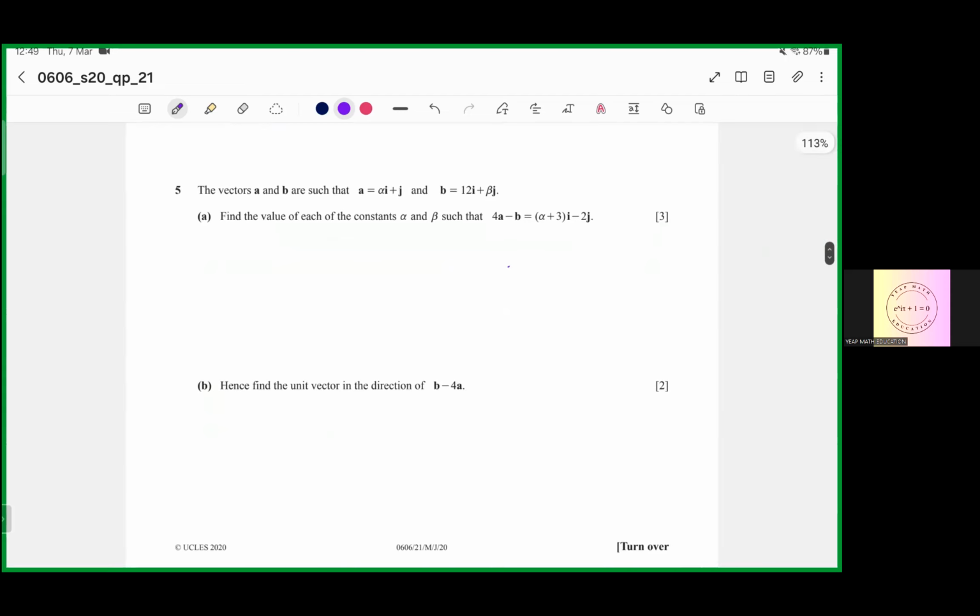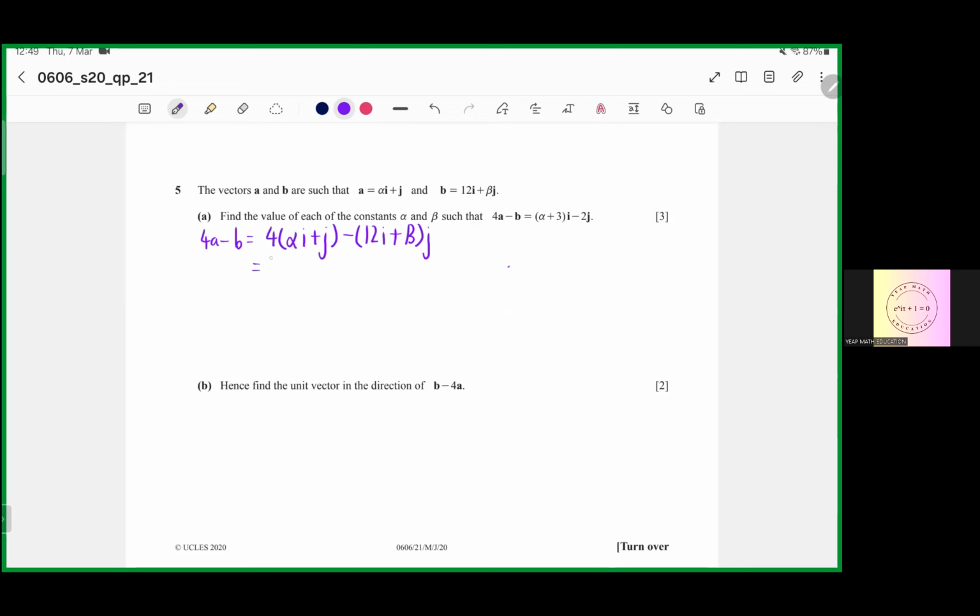So now what we need to do is take 4A minus B. So 4 bracket alpha i plus j minus 12i plus beta j.